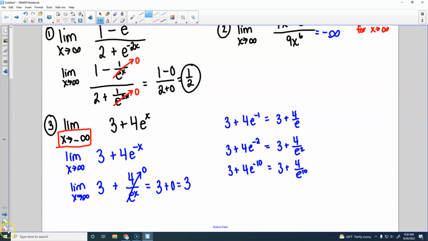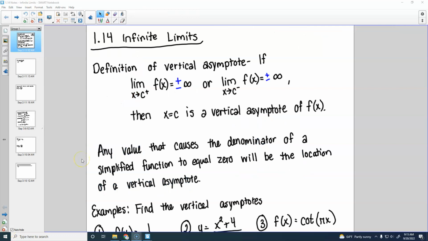All right, so infinite limits are what we're going to look at today. Yesterday we talked about limits at infinity, which meant that x was approaching infinity. Infinite limits are limits where the answer is infinity.